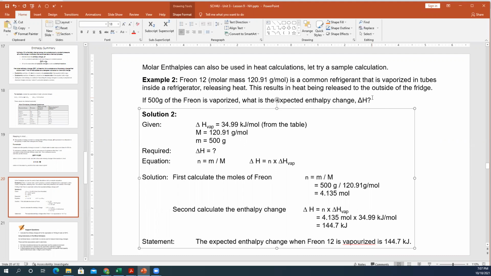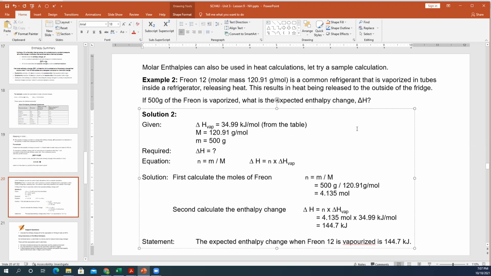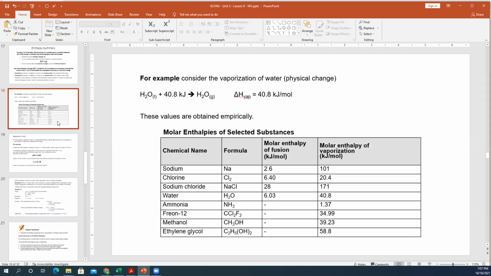So if you have, let's say, 500 grams of Freon vaporized, what would you expect the enthalpy change would be of this vaporization? Okay, so given for Freon, we're given that the delta H of vaporization for Freon is 39.4 kilojoules per mole.